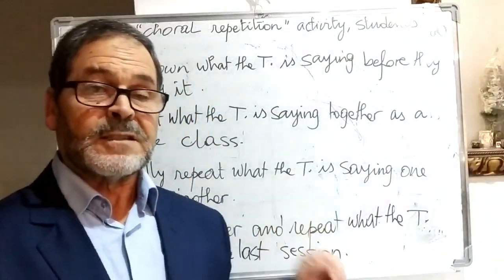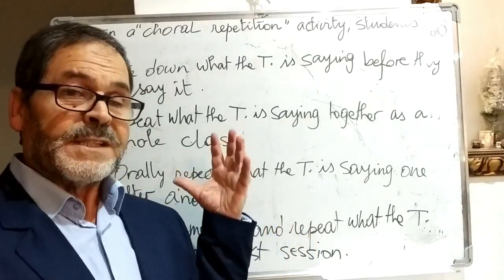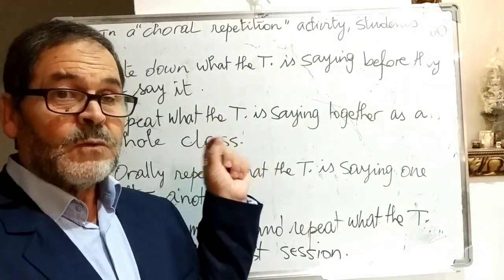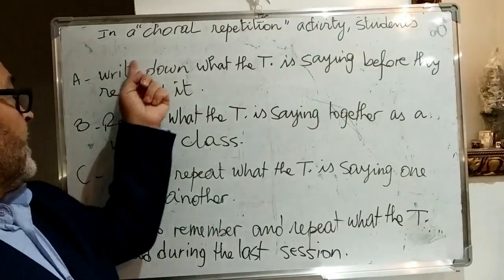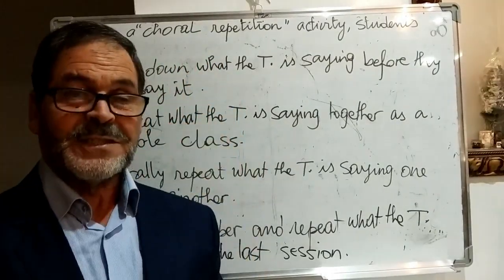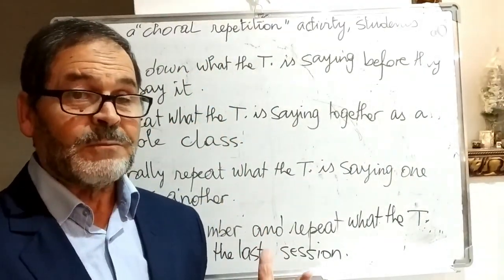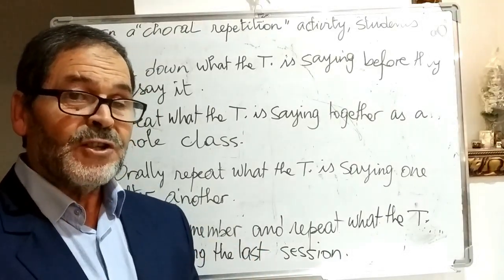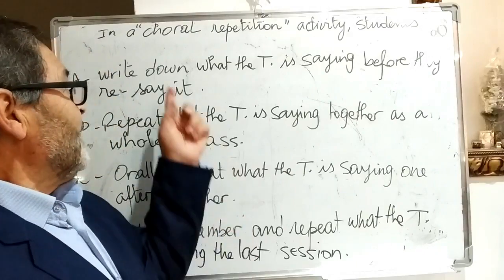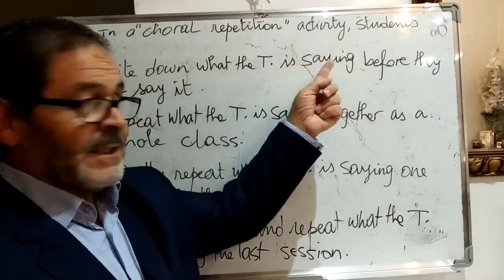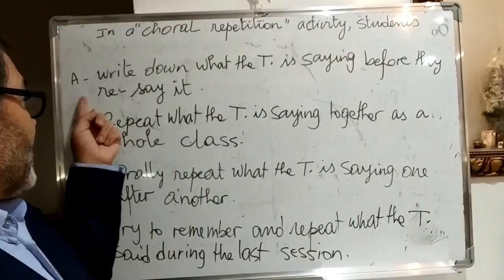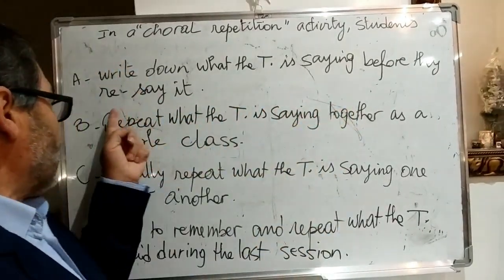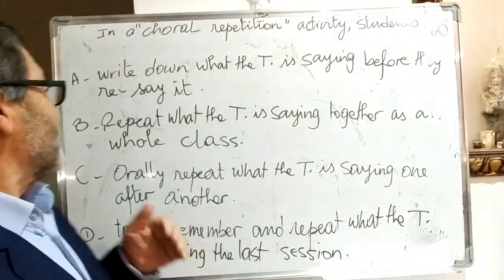This is the second question. So we are going to see the word given here. What is the key word? Choral repetition. So what is choral repetition? As I said before, we should know the terms. The choral repetition activity, students: A, write down what the teacher is saying before they re-say it.